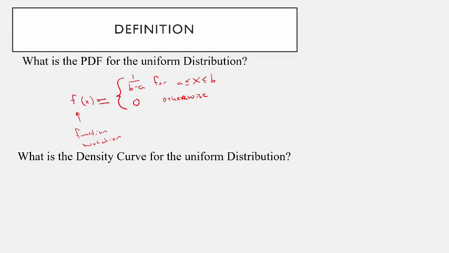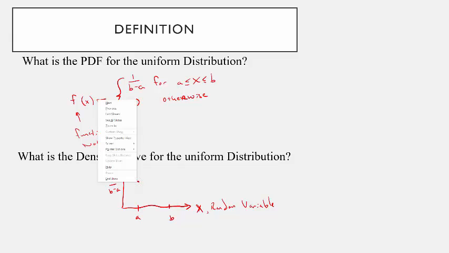All right, so what does the density curve for this distribution look like? It's real simple, actually. So I'm going to draw the first quadrant of the Cartesian plane. Here's the value of x, the value of the random variable. And along the vertical axis, we get f of x, which is this function right here. And all it's saying is, between the values a and b, this function is equal to 1 over b minus a.